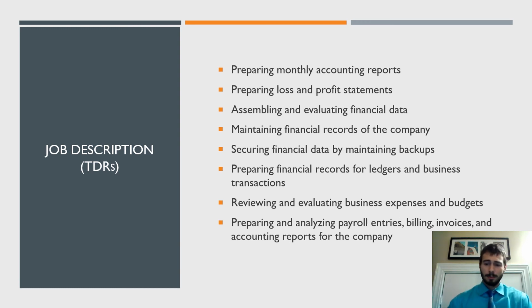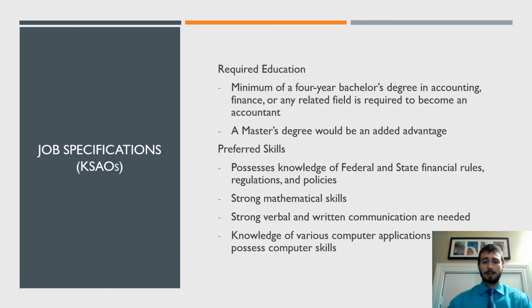Moving on to job specifications. So I broke job specifications down into two major parts, which are required education and preferred skills. Also keep in mind KSAO, knowledge, skills, abilities, and other specifications, and that these are non-observable as opposed to observable.